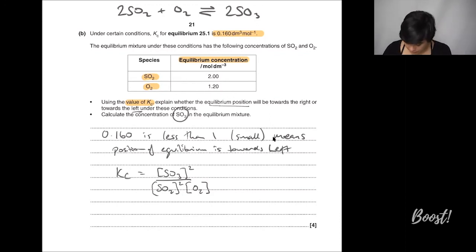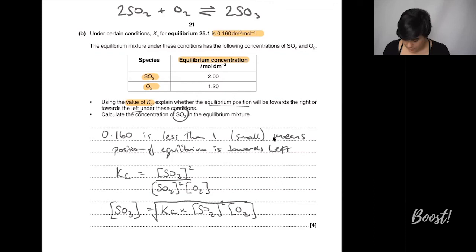That's going to give us Kc times [SO2] squared and [O2], sorry, not cubed, squared, and [O2]. And of course, if you actually want to just find the concentration of SO3, we can just do a square root there and do that all in one.